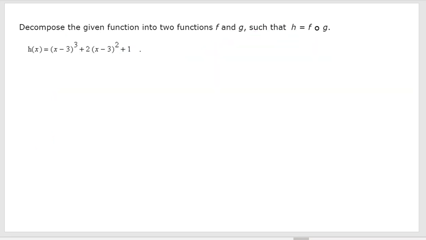Let's try another one. Now, this one I can see that x minus 3 repeats. And I can see that it's going inside of parentheses. So let's try, what if we made g of x equal to x minus 3? And the reason I'm choosing this for g of x is because I know that's going into f of x.